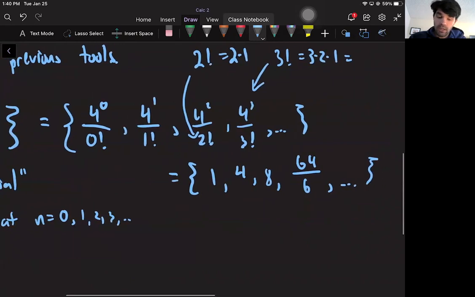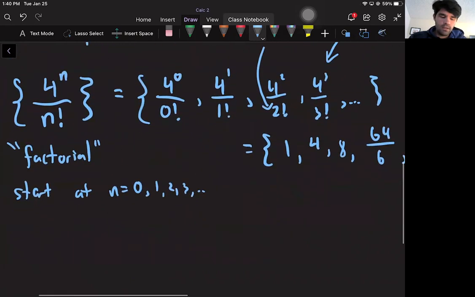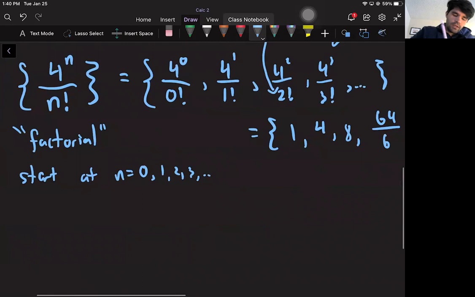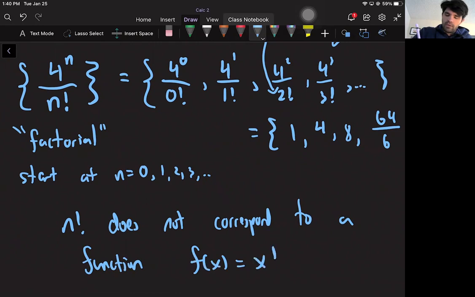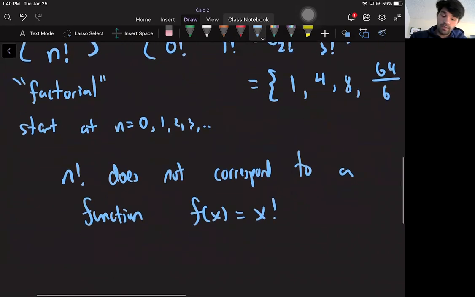Okay, so something like this, we can't use our old tricks because n factorial does not correspond to a function. There's no such thing as f of x equals x factorial that you learned about in Calc 1.